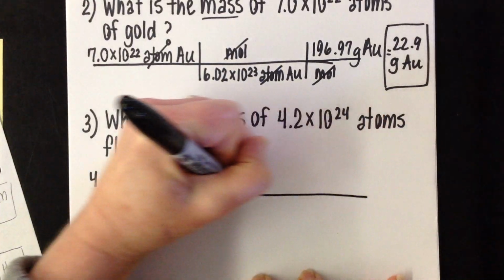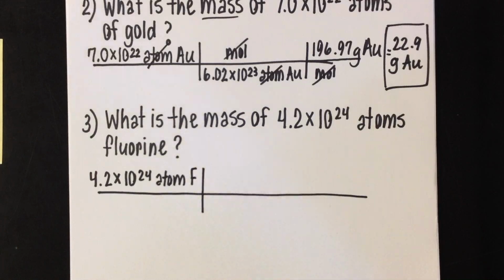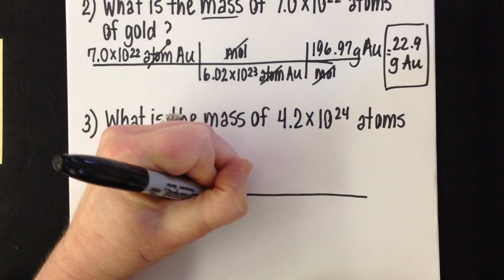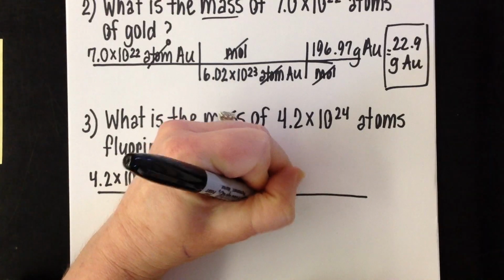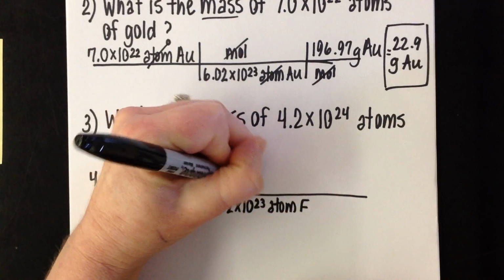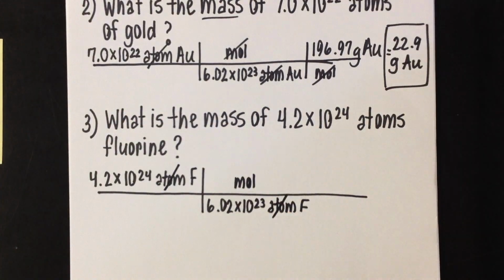We're going to draw our long line and our short line, and we ask ourselves, okay, I have atoms, where can I go? The answer is moles, and we know there's 6.02 times 10 to the 23rd atoms of fluorine per mole. I know that's a lot of writing, but it's really important you put all of that down so you can keep up with your work.